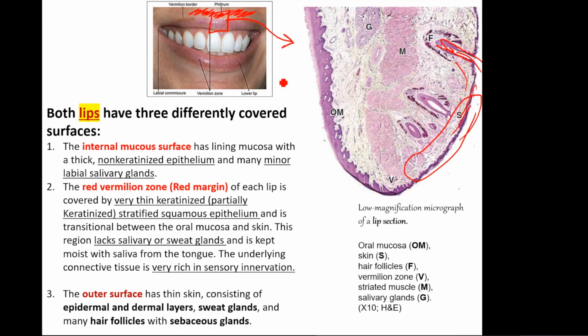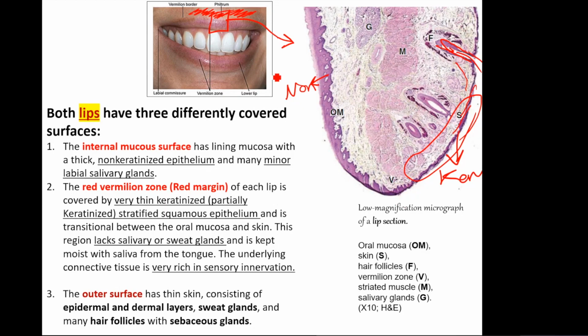But internally, if you look at your lip internally, you will see that it's a stratified squamous epithelium, yes, but do you think it will be keratinized or not? Of course, the skin outside is keratinized, but from inside, we don't need that keratin. So it is non-keratinized stratified squamous.